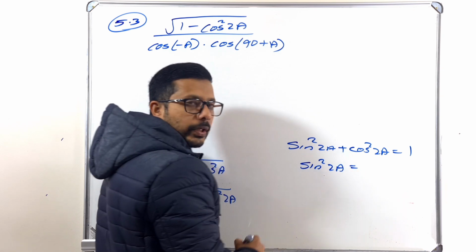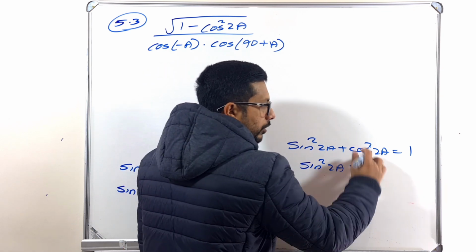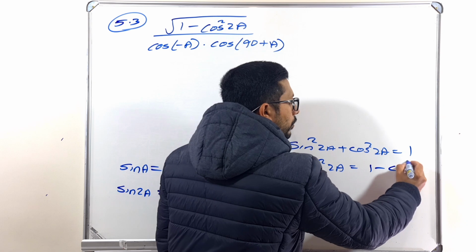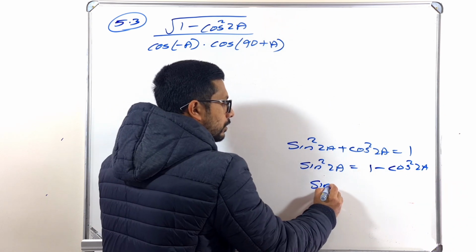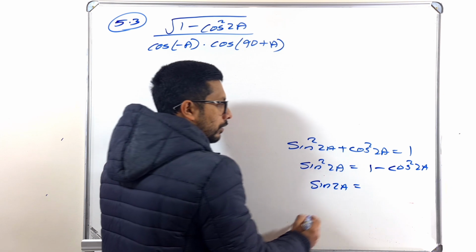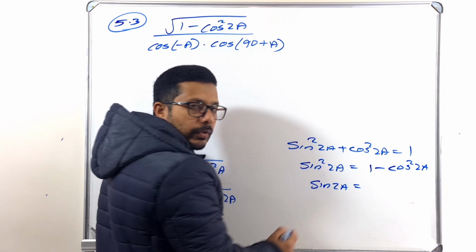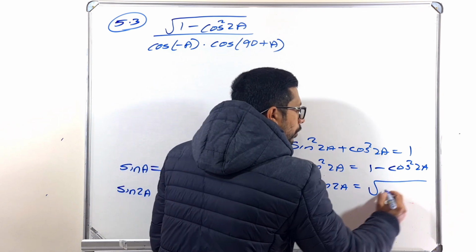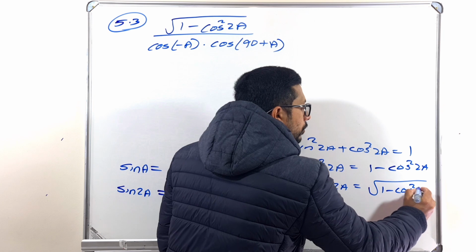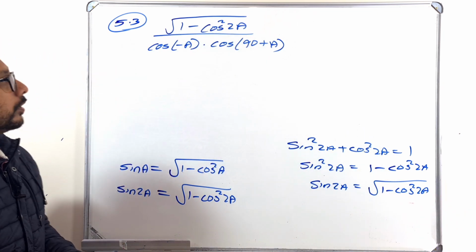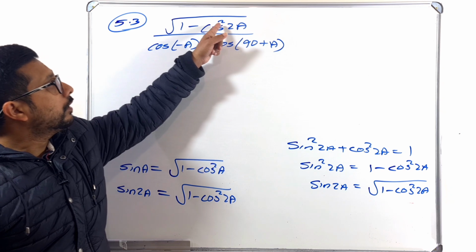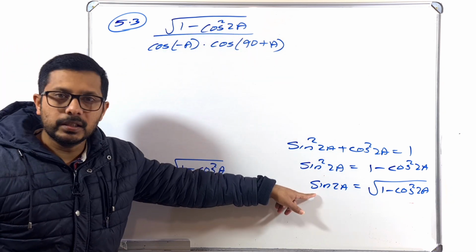Take this one to the other side, so it is 1 minus cos squared 2a. Am I right? So sine 2a is root of 1 minus cos square 2a. Okay, so instead of this one, that is the same as sine 2a.